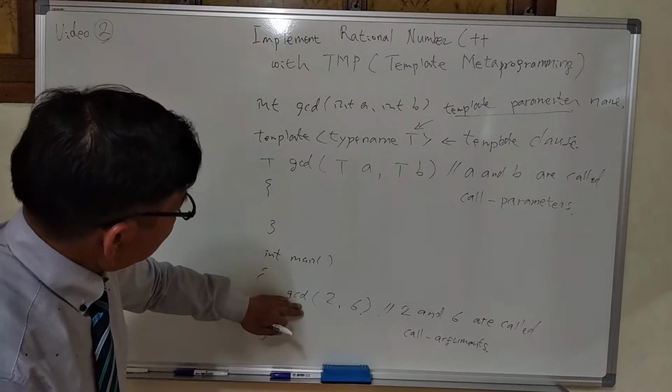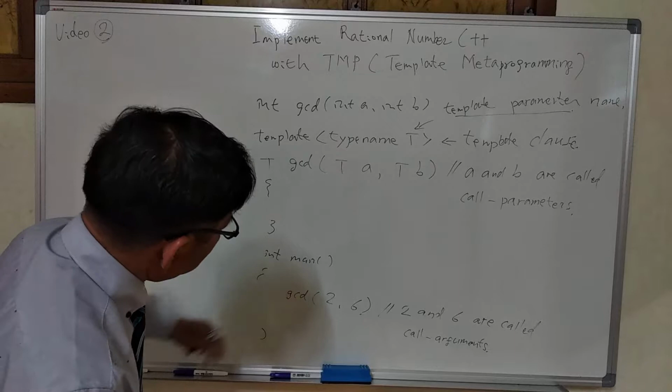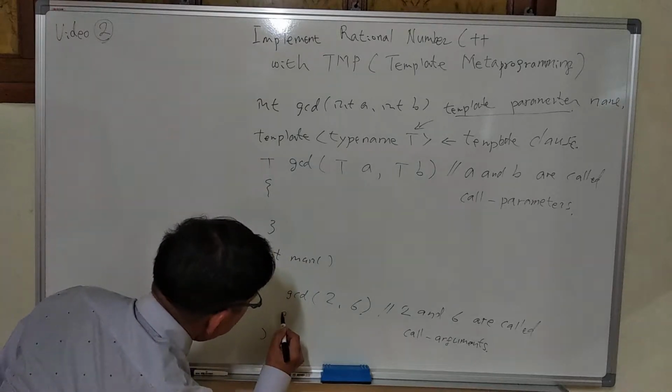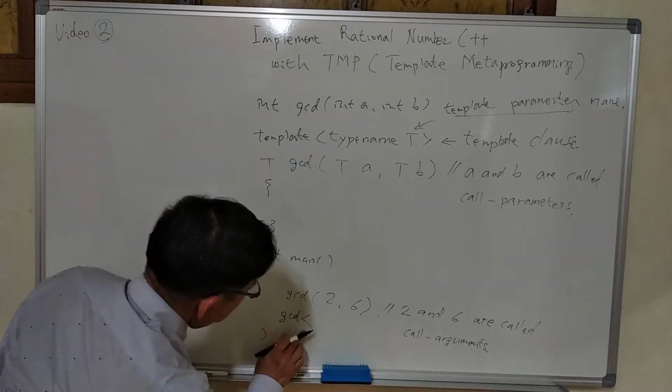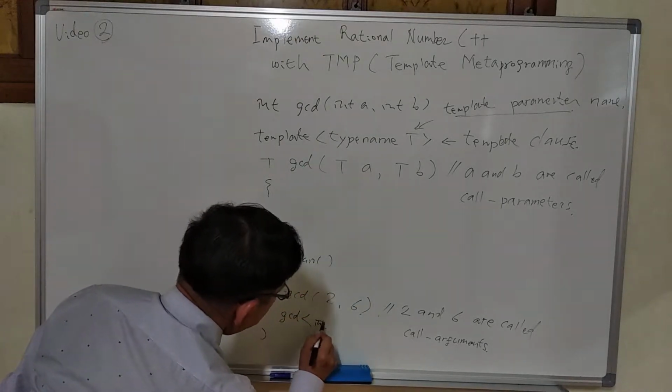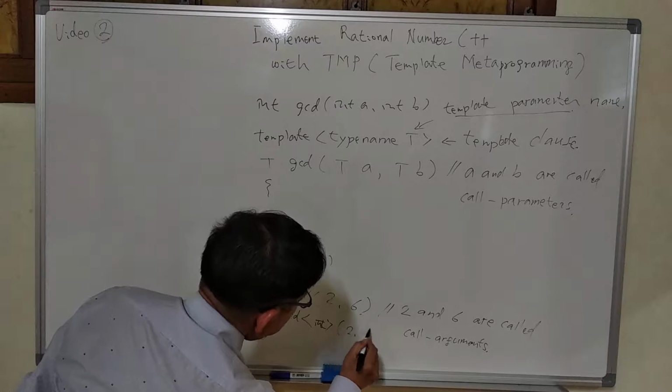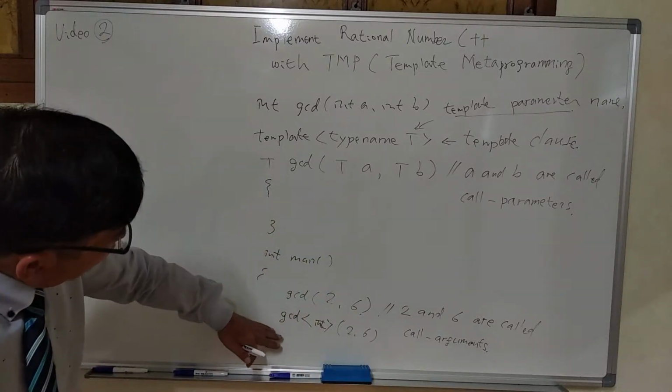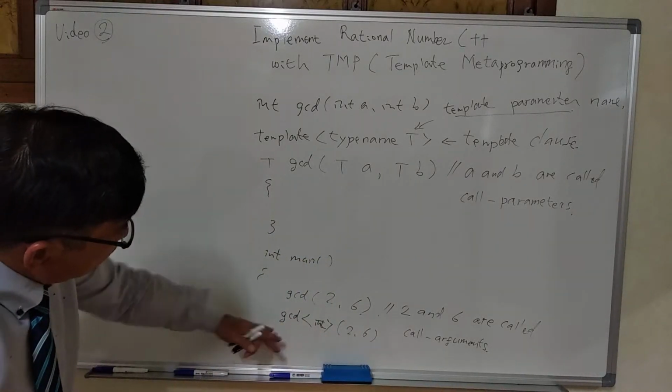In fact, it is instantiated. Internally, it is called like GCD with int, and then 2 and 6, and code like this is actually generated. Okay?